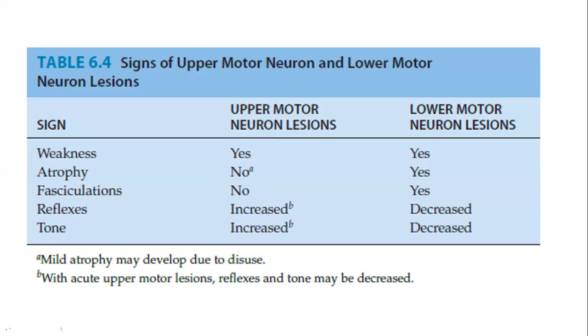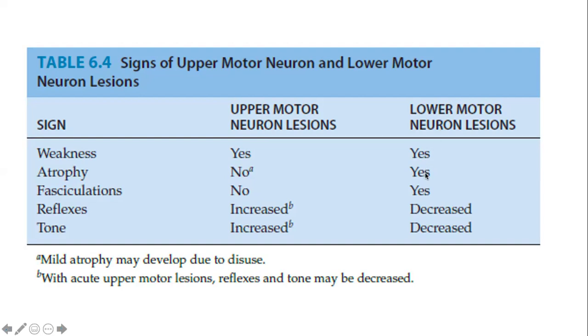So for example, if you did neurology before, you will know that with the upper motor neuron, you will find weakness, okay, which is the same. This is the main complaint, the weakness, but you will not see any atrophy if the lesion is in the upper motor neuron, which I mean in the brain or the spinal cord, but you will have atrophy when you have lesions in the lower motor neuron.